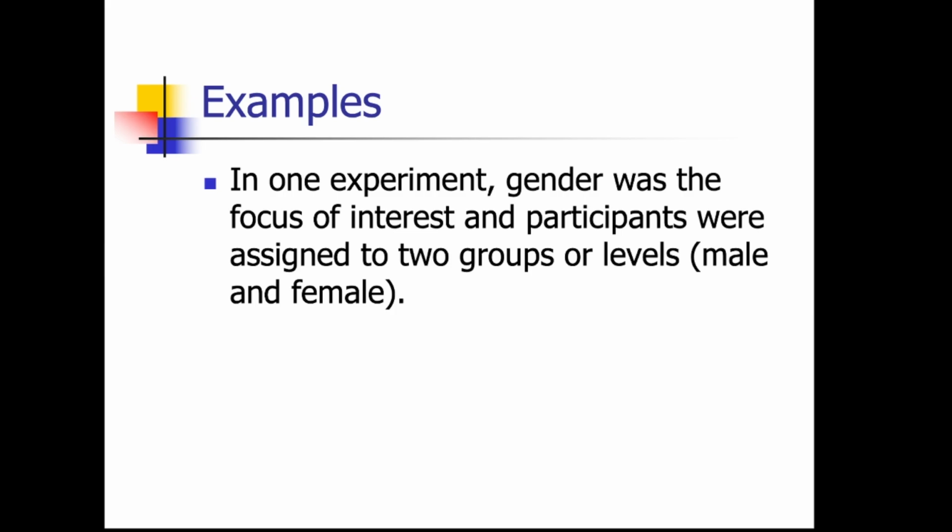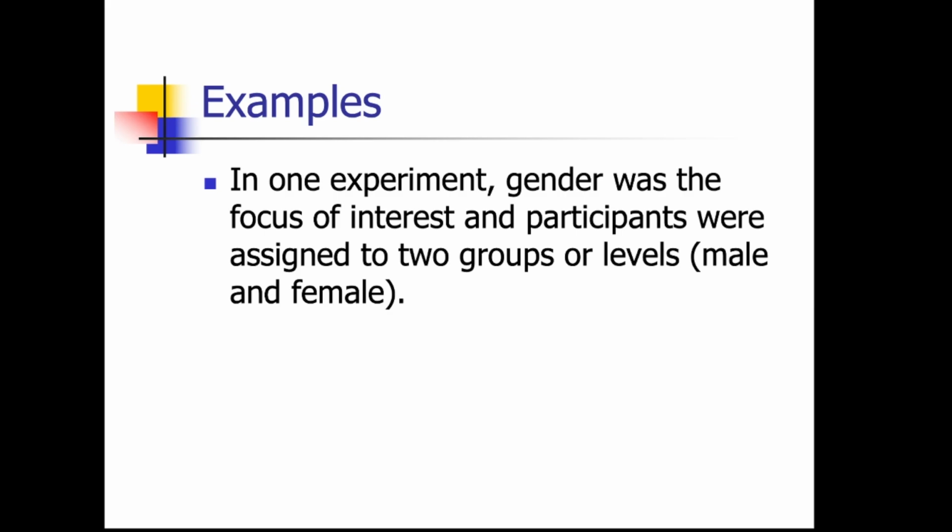All right, so let's talk about this first one here. Gender was the focus of interest in this study, and participants were assigned to two groups or levels. So in this particular situation, gender was the independent variable and male-female was the levels.